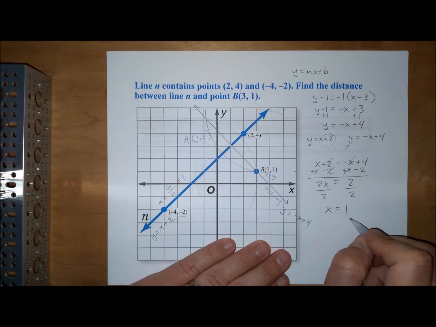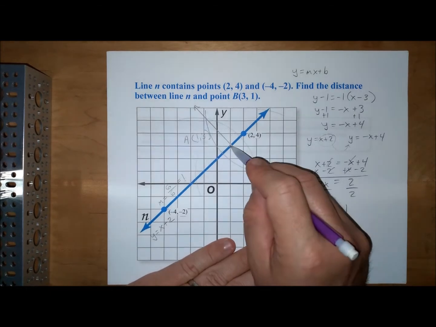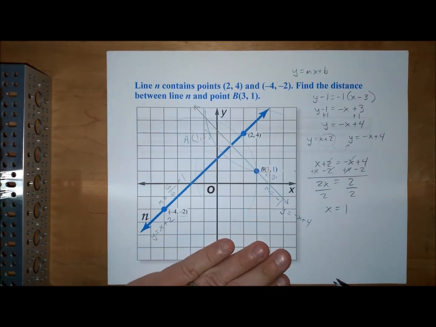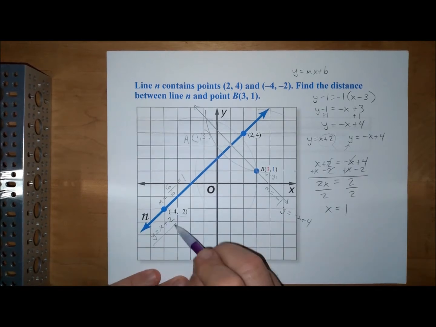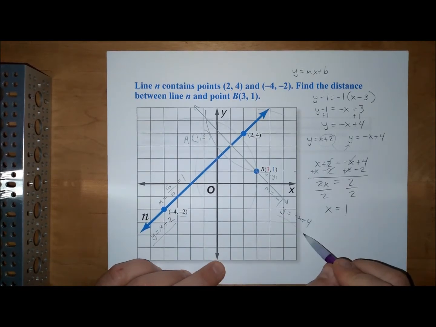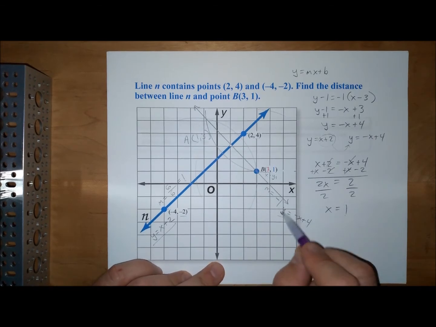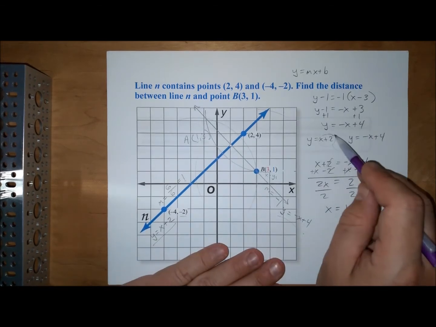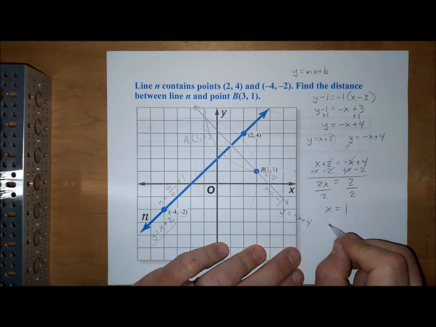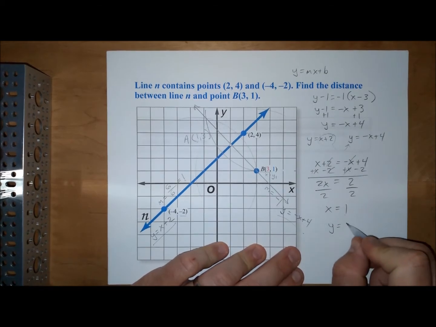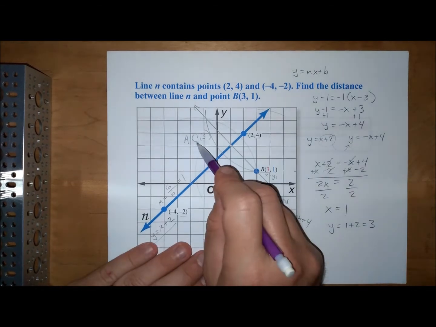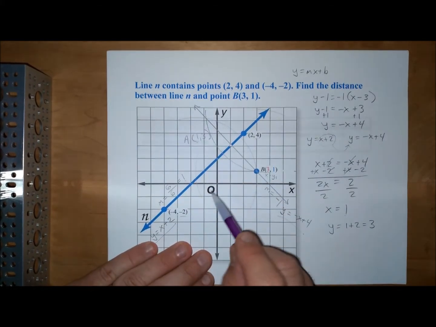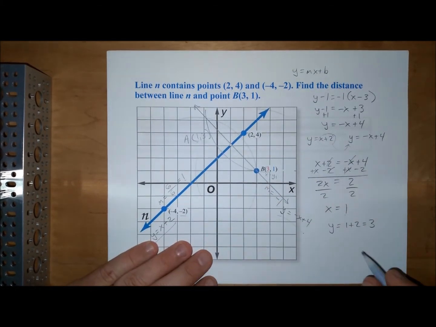X equals 1. How do I find the y value of where those two lines intersect? Well, I can go ahead and plug this back in to either of these two equations, and I will end up with the y value. Why don't we go ahead and plug it into y equals x plus 2. Y equals 1 plus 2, which equals 3. Good. All right, so we've confirmed that the coordinates of point A are 1, 3.